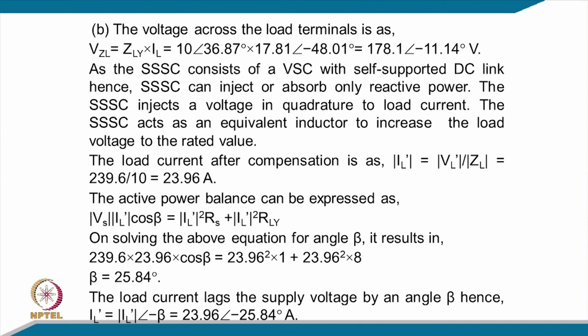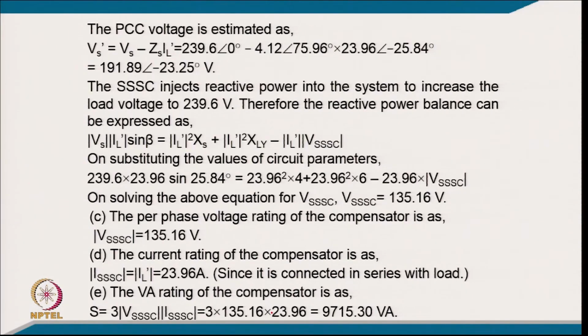Solving this, we get beta, that is the angle between Vs and IL dash, equal to 25.84 degree, and the load current lags by this angle. So, we now know the load current with this angle, and now the PCC voltage can be calculated as Vs minus the source impedance drop, and it comes to typically 191.89 volt, that is the voltage at the point of common coupling.